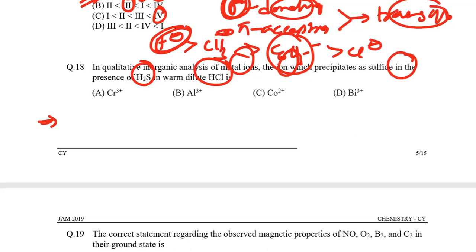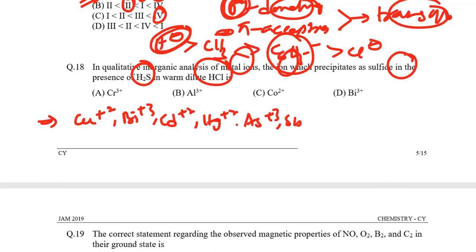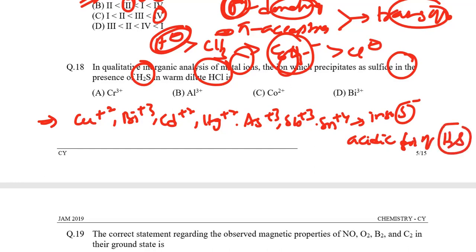Some of the most important metal ions: copper plus 2, bismuth plus 3, cadmium plus 2, mercury plus 2, arsenic plus 3, antimony plus 3, and tin plus 4. All these metal cations produce insoluble sulfides, so they can be precipitated by adding a high amount of sulfide ions, that is simply an acidic solution of H2S, hydrogen sulfide.